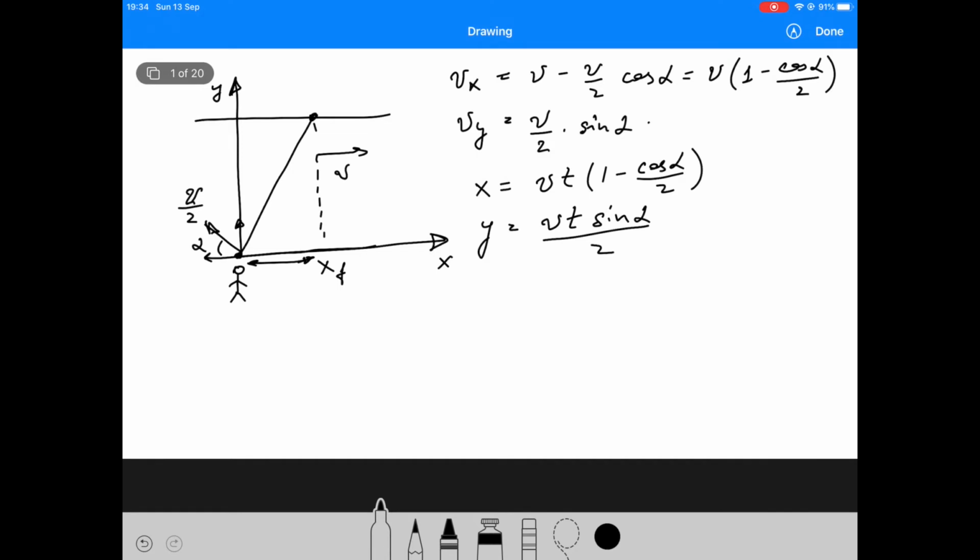Let us from the last equation define the time, we call it tf, the final time when he reaches the other shore, and we will need to take into account D, the width of the river.